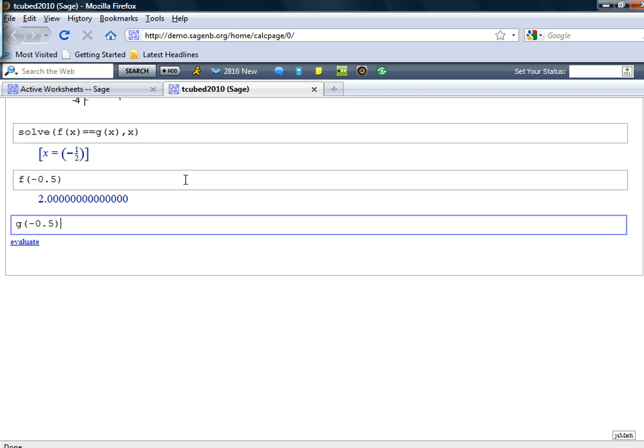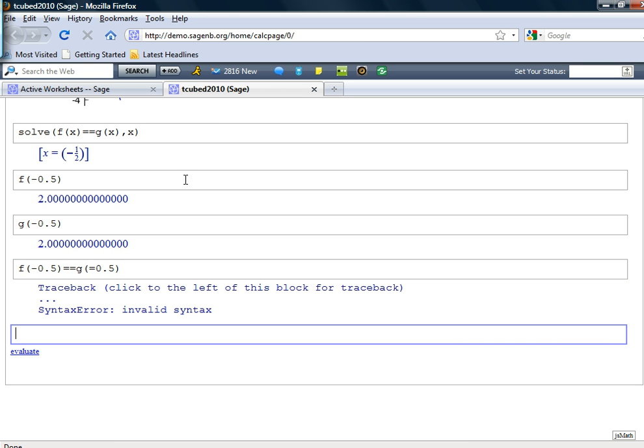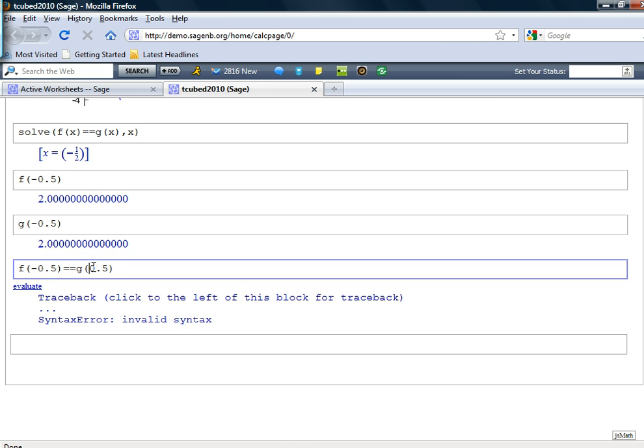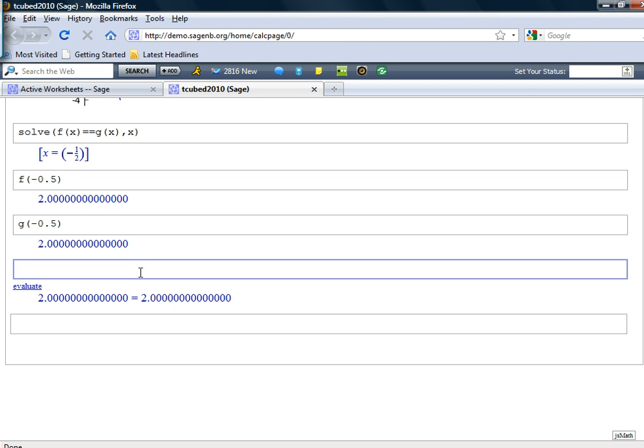In fact, f of negative 0.5 is equal to g of negative 0.5, isn't it? Oh, I hit the wrong key, or I didn't hit the space, whatever. And that's not doing it. It's acting strange because it's losing connection. It should have said true. It should actually evaluate to the word true, but all right, whatever.